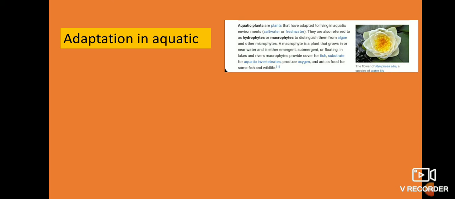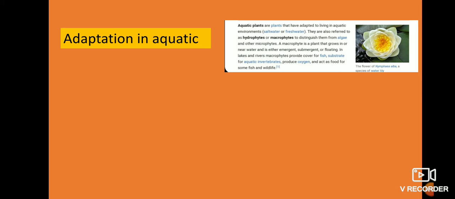To distinguish them from algae and other plants, macrophytes are plants that grow in or near water and are either emergent, submergent or floating in lakes and rivers.